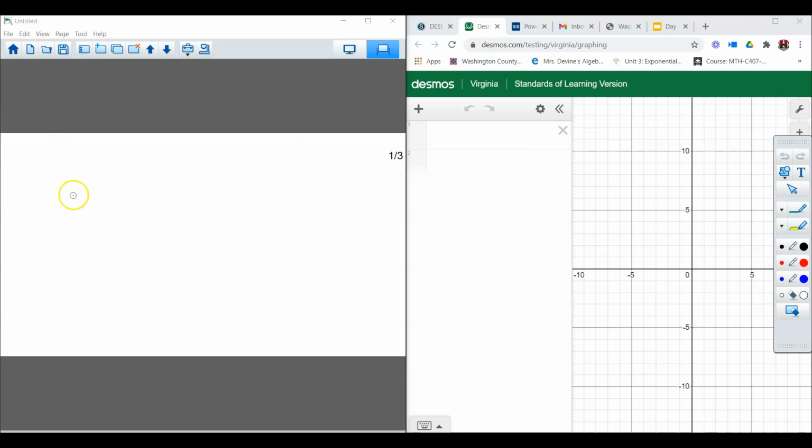Okay, for the last couple of days, we have been working on finding the line of best fit and the curve of best fit.